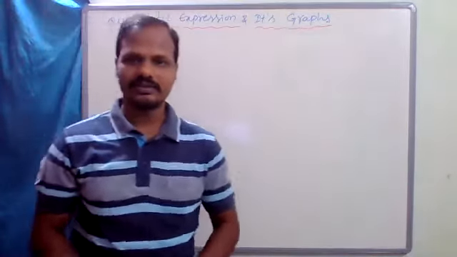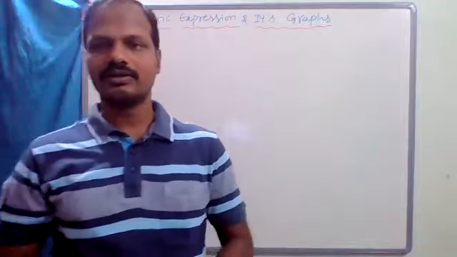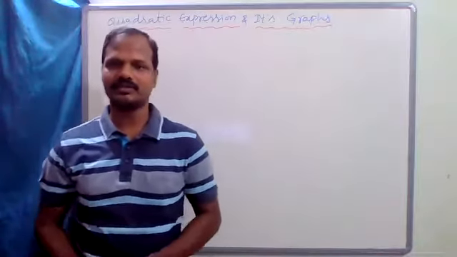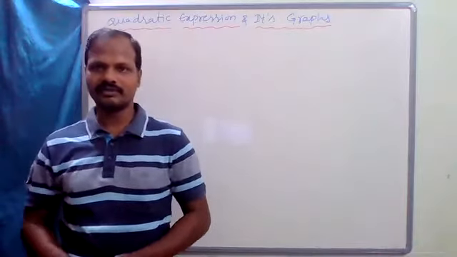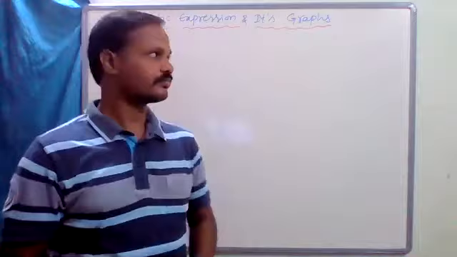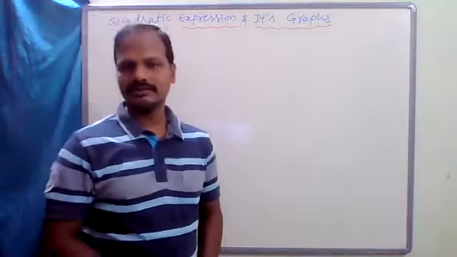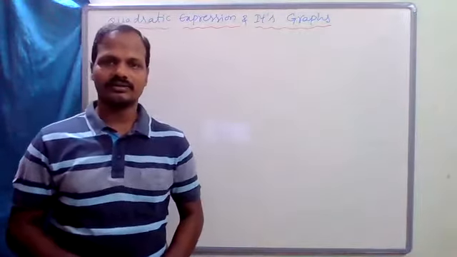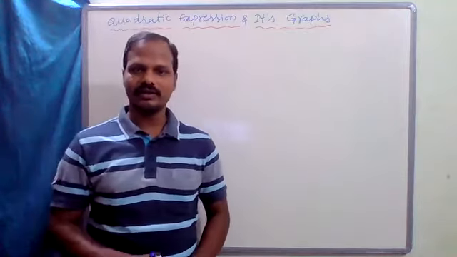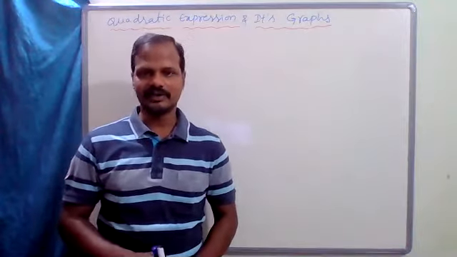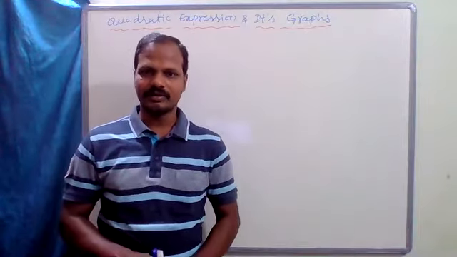Today we will discuss the graphs of the quadratic expressions. This is the most important. You already drew the graphs of the quadratic expression in different cases in 10th class.